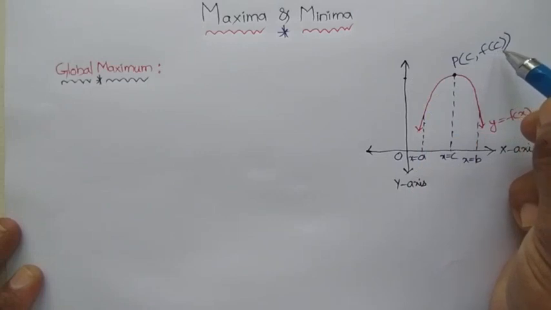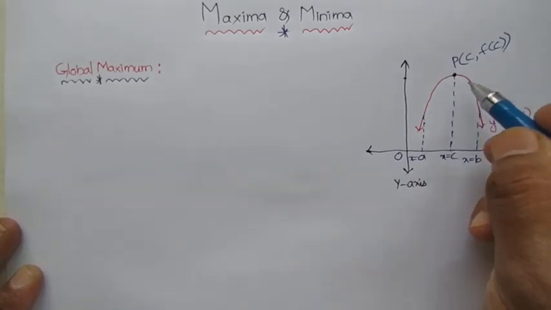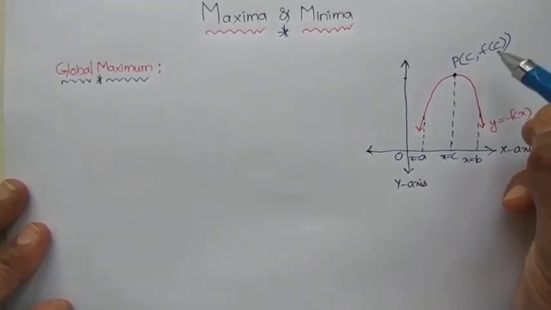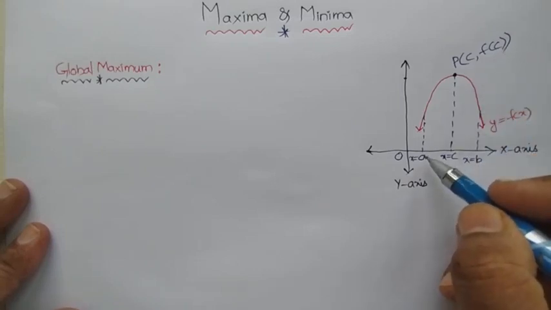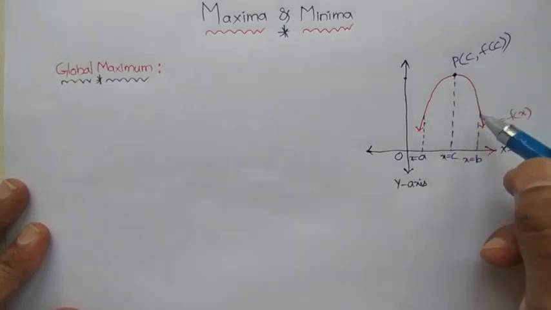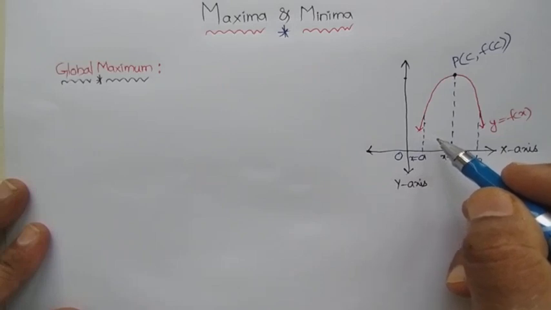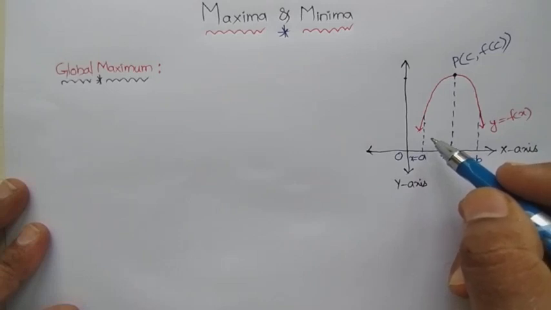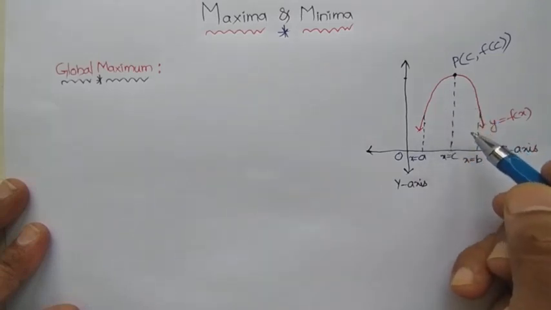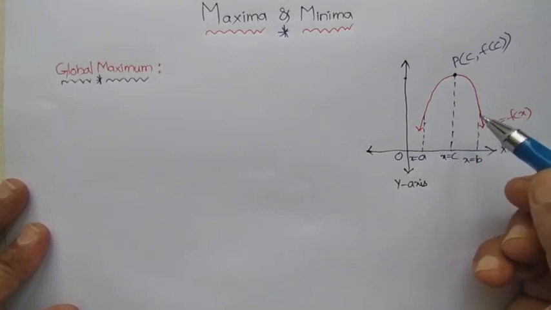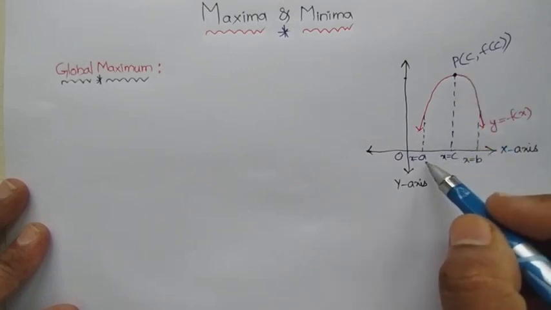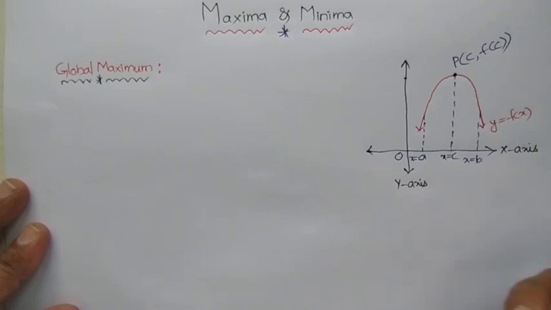Now this f of c is greater than or equal to the value of the function at every x value we have in the closed interval a comma b, so we can state that the function y is equal to f of x has a global maximum on this closed interval a comma b.